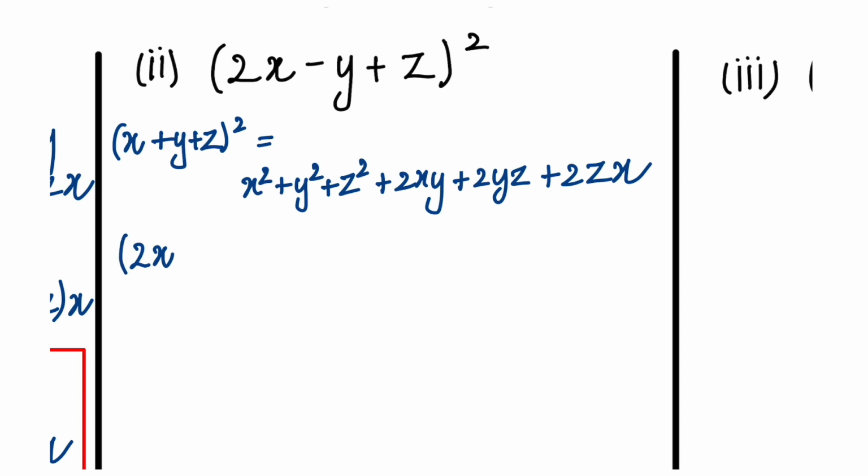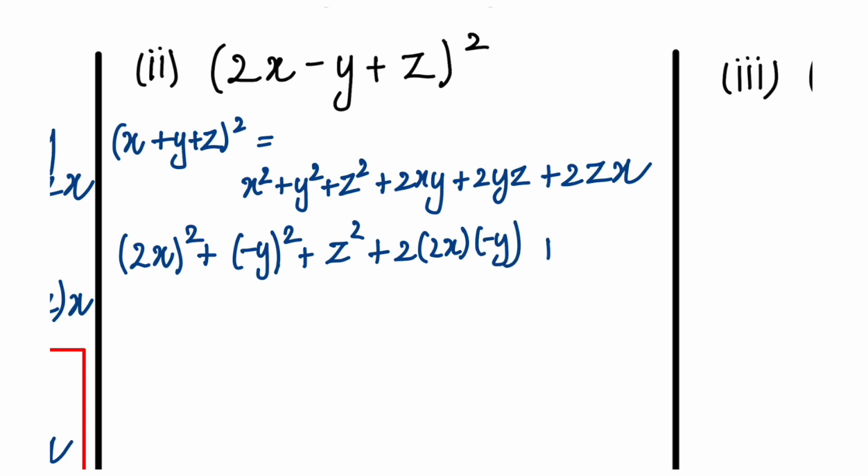So 2x the whole squared plus minus y the whole squared plus z squared plus 2 into 2x into minus y plus 2 into minus y into z plus 2 into z into 2x. Now we are further going to evaluate it.